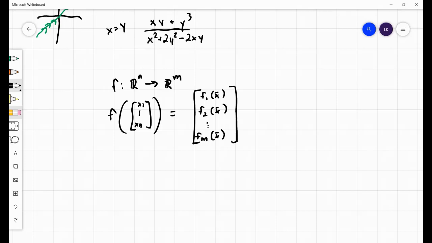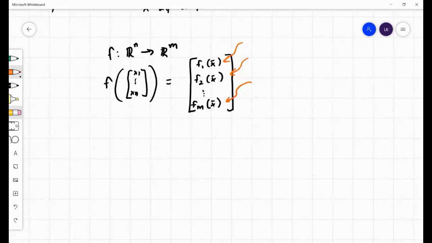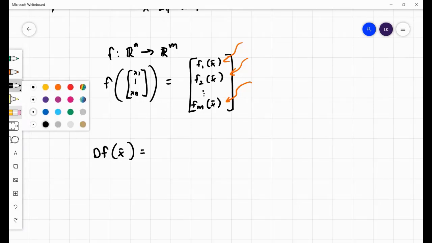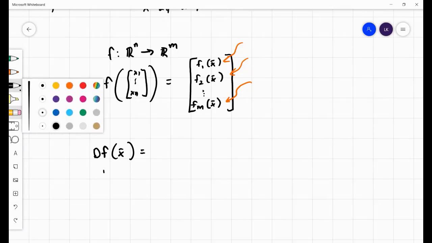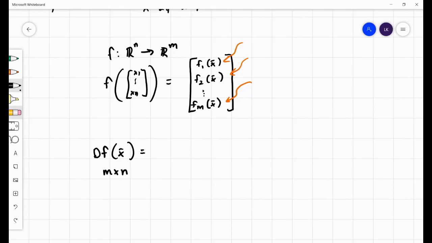And it turns out that if the individual coordinate functions, each of these is differentiable, then the whole function is differentiable. And the derivative would be given by a matrix of partial derivatives. So the derivative of the function at x will be an m by n matrix. And we know that because the number of rows is the number of component functions, and the number of columns is the number of independent variables.